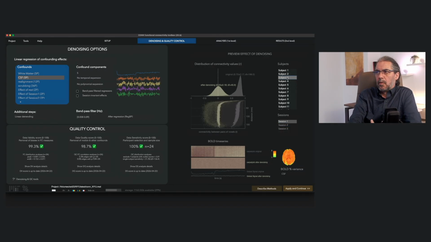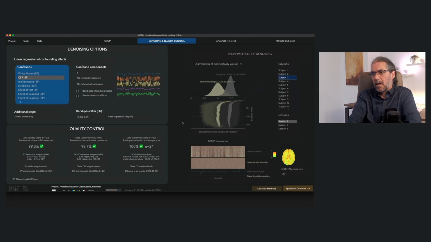Another example of something physiological, probably respiratory or cardiac effects, will be represented by something like this, where again these are very large effects that you can see in the raw signal across the whole brain. These bands or vertical bands represent changes in the BOLD signal that appear across many different voxels.